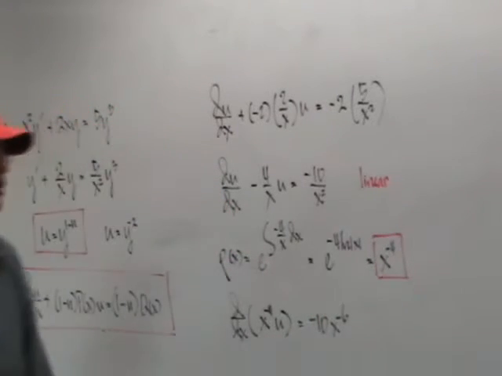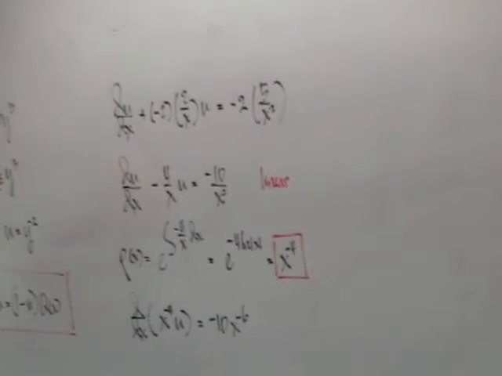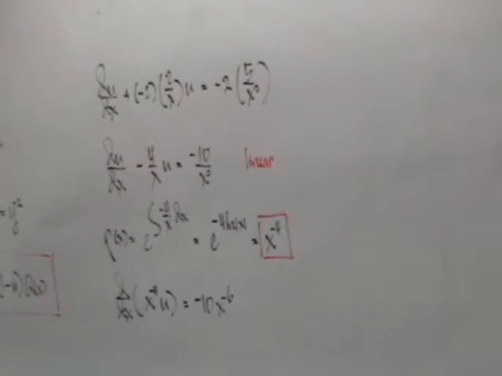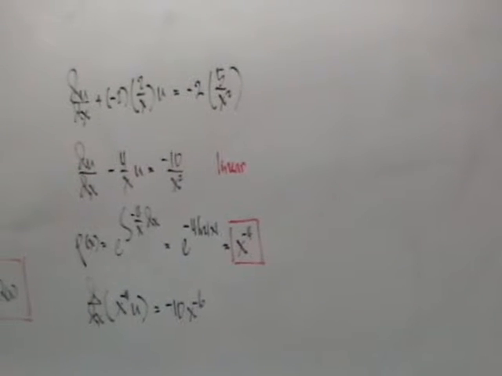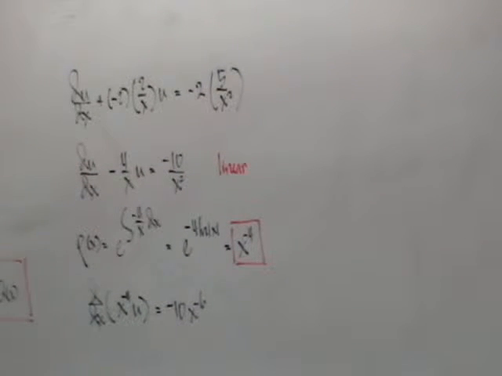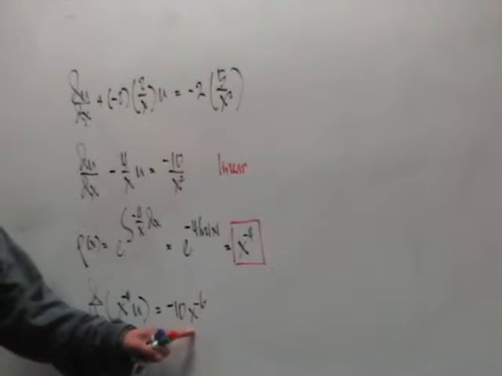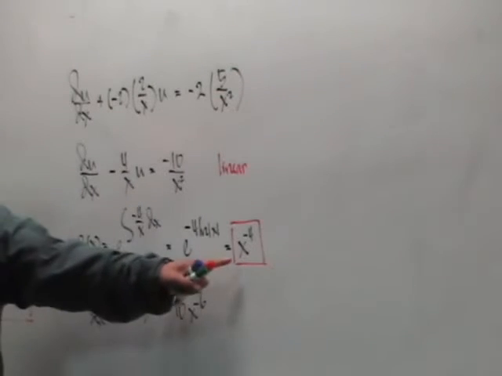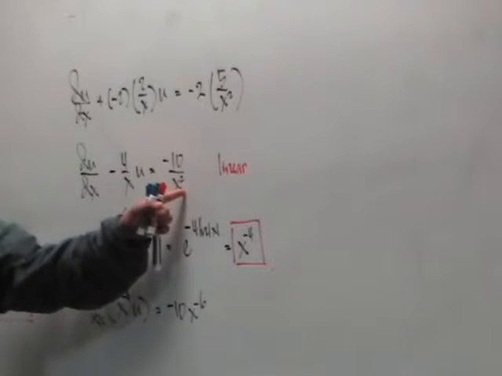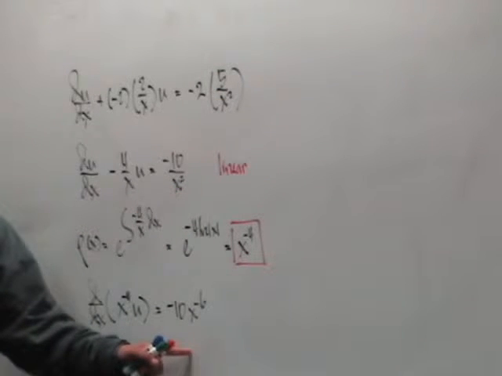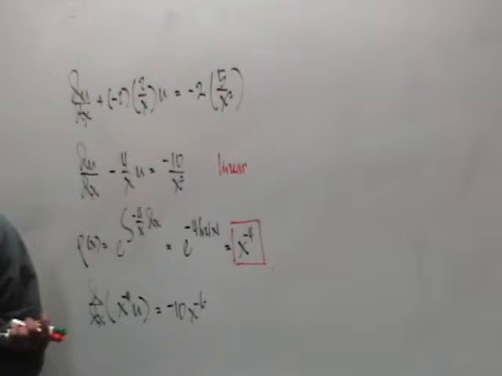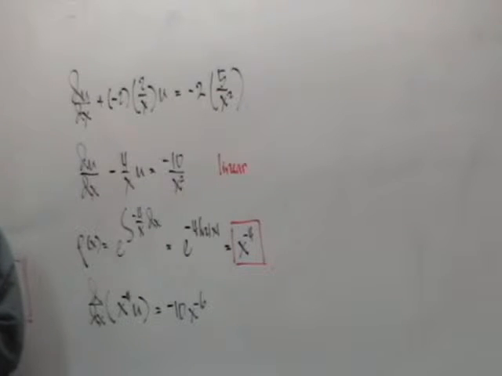I'm going to write it in power form because I need to take the antiderivative of it. Do you all understand where I got negative 10x to the negative 6? I'm multiplying this to this equation right here. So that's negative 2, negative 4, negative 6. Everyone follow so far?